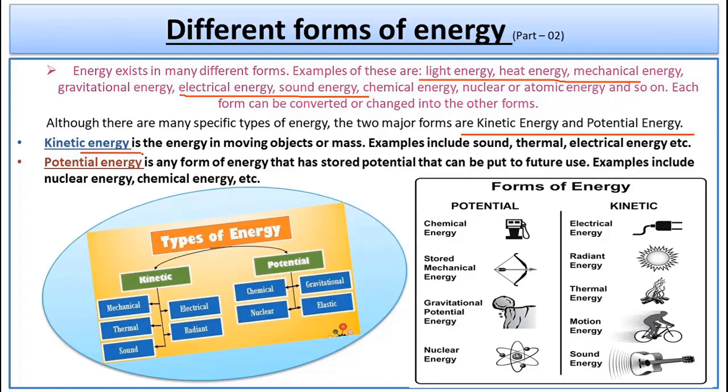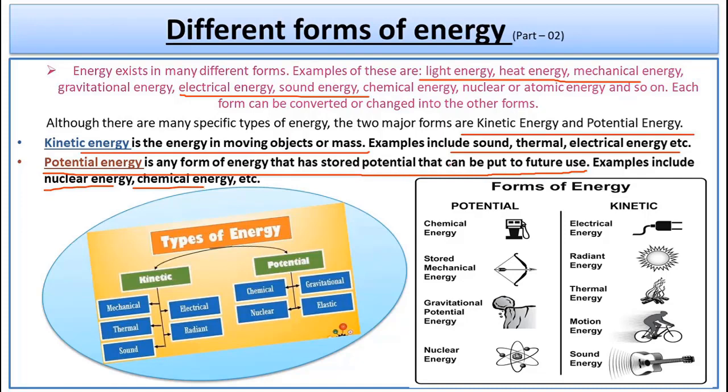Kinetic energy is the energy in a moving object or mass, which includes sound energy, thermal energy, electrical energy, etc. Whereas potential energy is any form of energy that has a stored potential that can be put to future use, which includes nuclear energy, chemical energy, etc.